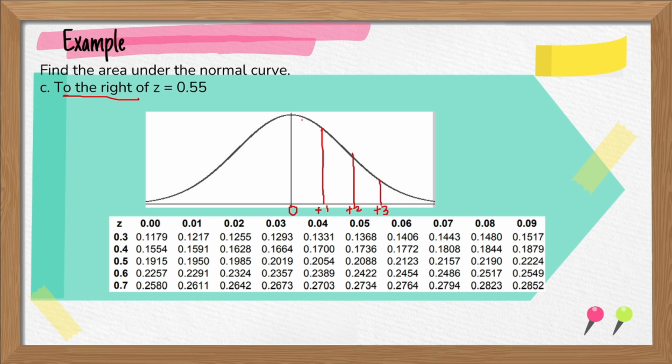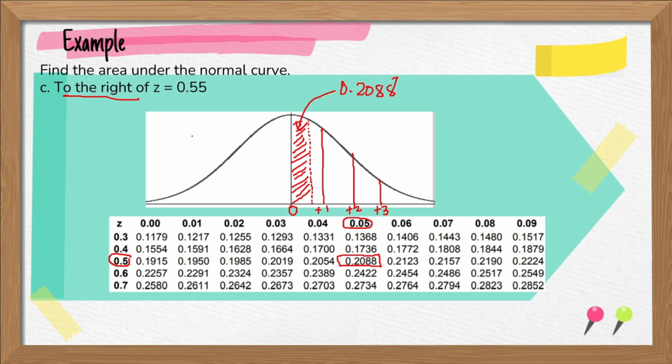So, 0.55, estimate natin, nandito siya. So, kunin natin yung area nito. So, 0.5 and 0.05. So, yung katapat nila is 0.2088.